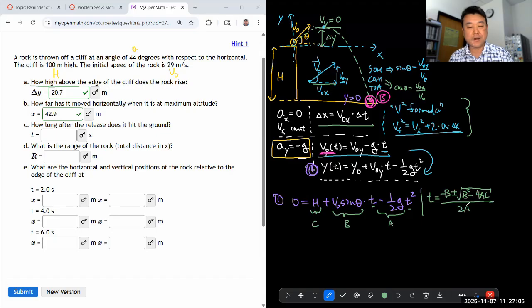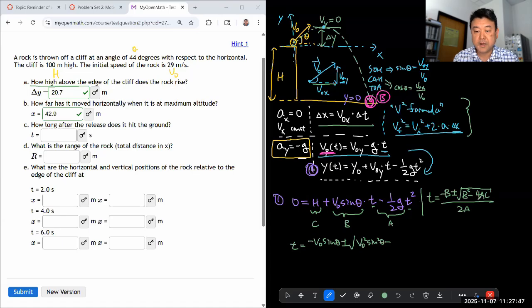So that's the formula. I'm gonna use it. There's no real other way to do it here, other than maybe using a computer algebra system or something else that does the algebra for you. I guess you could. So t is equal to, let me put this in, minus v naught sine theta, that's minus b, plus or minus the square root of this thing squared, v naught squared sine squared theta, minus 4 times a times c.